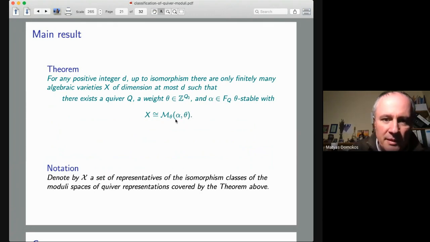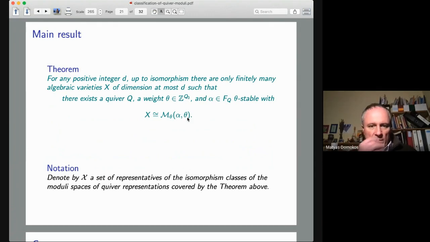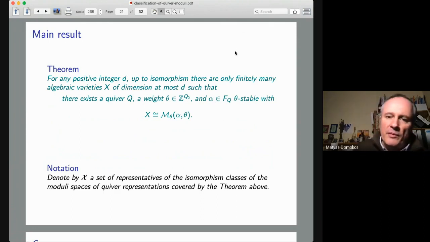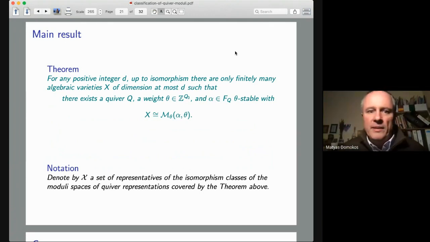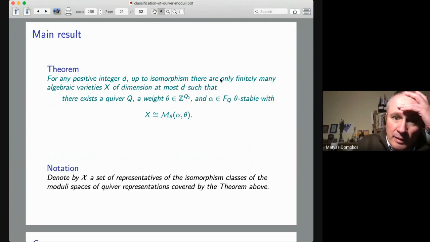Unfortunately, there is a typo here. This should be the moduli space M^theta(Q, alpha). So this is a partial result on the question about the finiteness of quiver moduli spaces in a given dimension. With this constraint on the dimension vector, namely that it belongs to the fundamental set and it's theta stable, we do have a finiteness result.